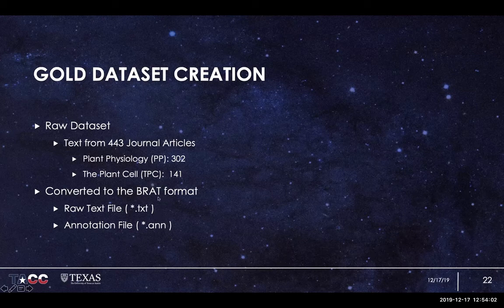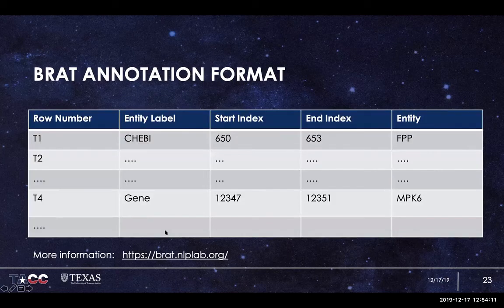The BRAT format is very simple. You extract the article text into a raw text file, and then you have an annotation file. The annotation file looks like this. For every row, it assigns a label, and it tells you where in the article, in terms of character index, that label occurred, and the actual entity name that it wanted to label.